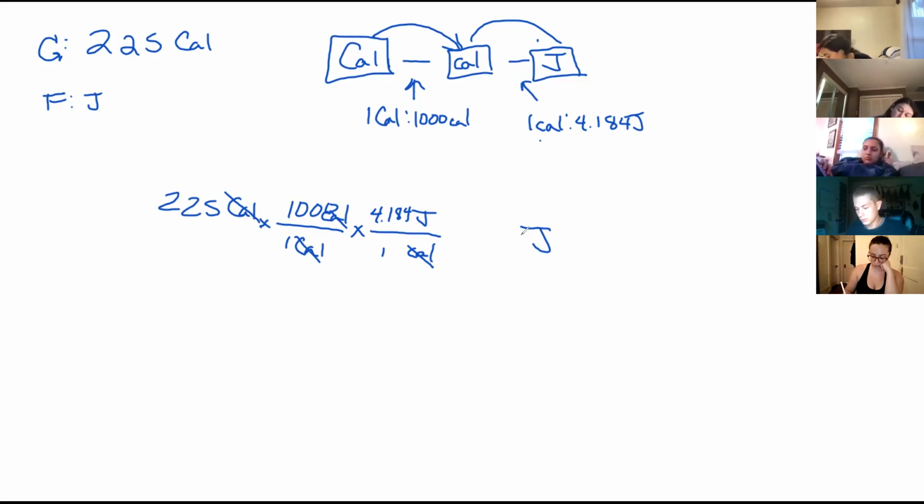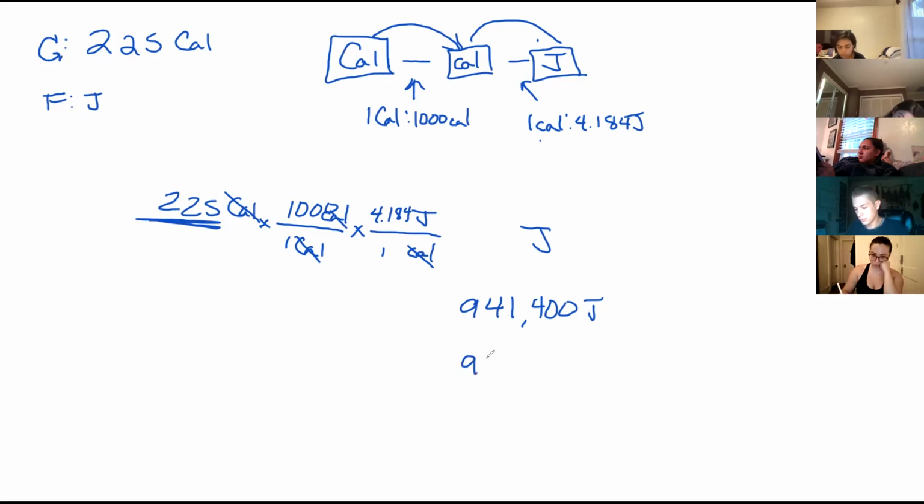And I get a big number. I'm going to write it down here: 941,400 joules. I have three significant figures, so I need to round to three significant figures.